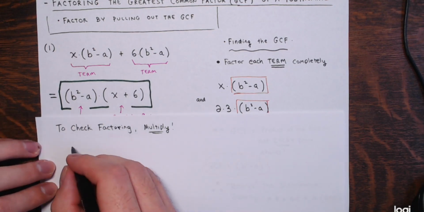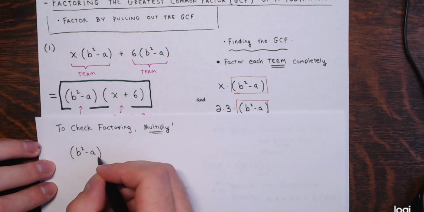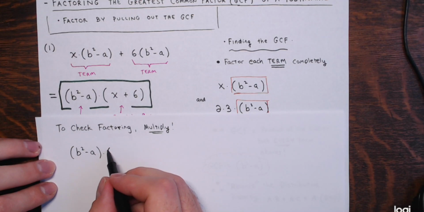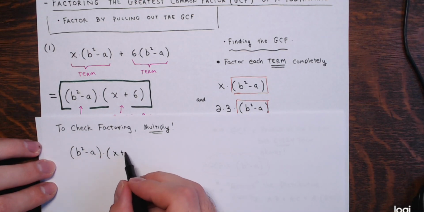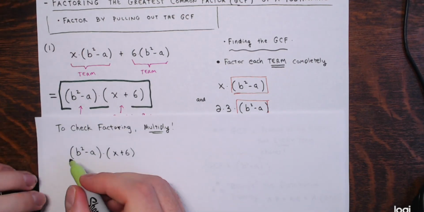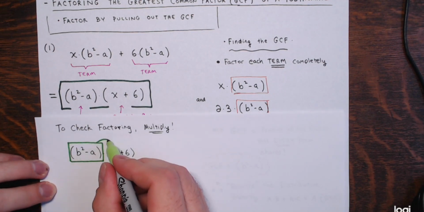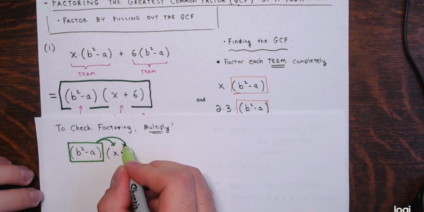Here was my final result: b squared minus a, that quantity, the GCF, times the quantity x plus 6. And what I'm going to do is distribute. Earlier I reversed distribution. Now I'm going to distribute. I'm going to take this b squared minus a and distribute to this x plus 6.